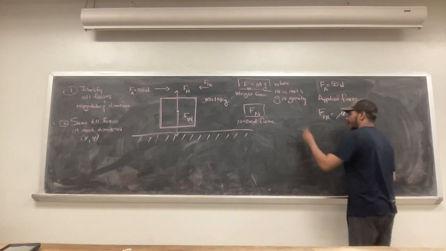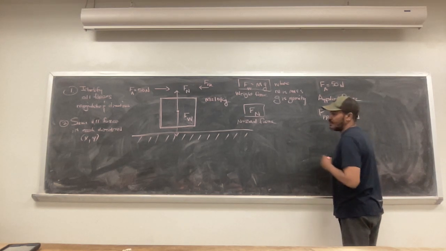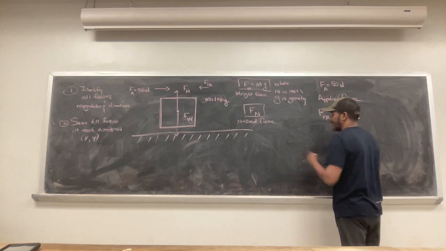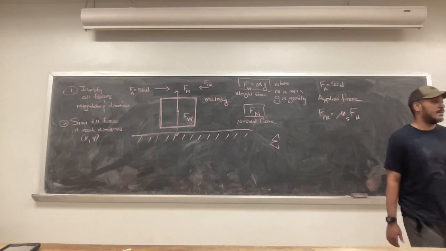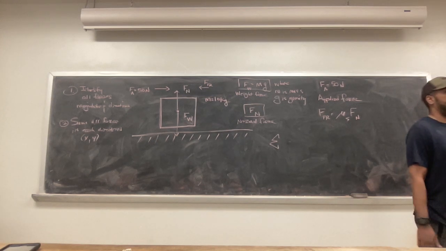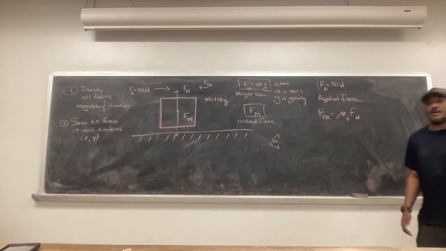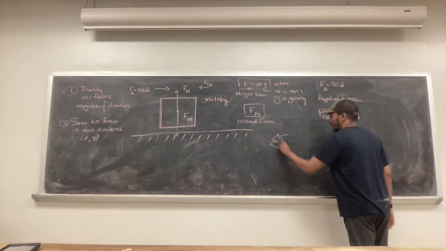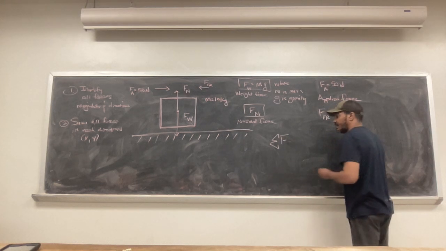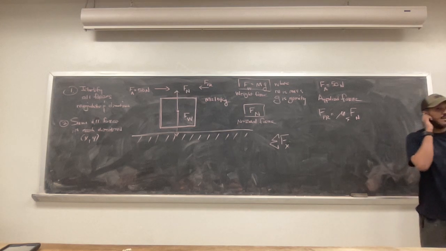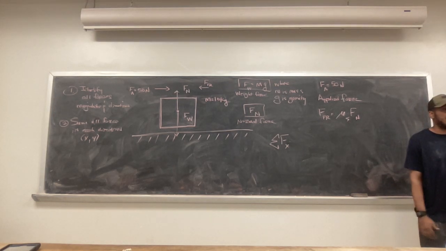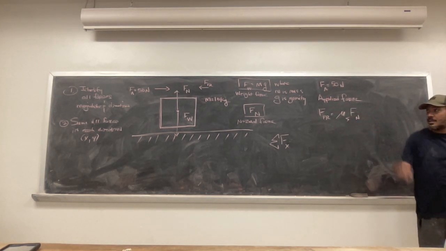So we remember from our Greek, sigma stands for what? Sum. Right? Sum of the forces in the X. What are the forces in the X direction, according to our figure?